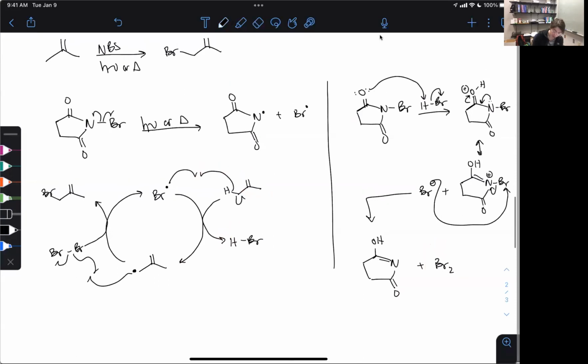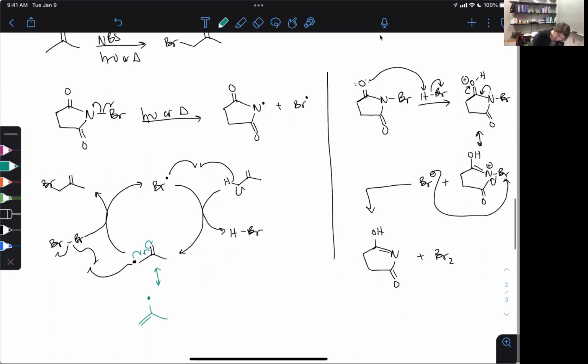The other thing that's important to notice here is that that radical that we formed on the carbon is resonance stabilized. Okay, so we can draw a resonance structure here. So if you imagine an instance where my alkene was not symmetric like I have it here, we could see reaction happening here.